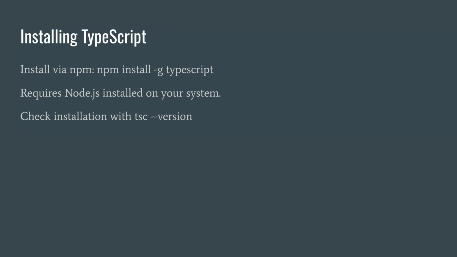You can just simply open your terminal and run npm install typescript. And by providing the g flag, you are installing TypeScript globally on your machine. It allows you to use the TypeScript compiler from any directory.